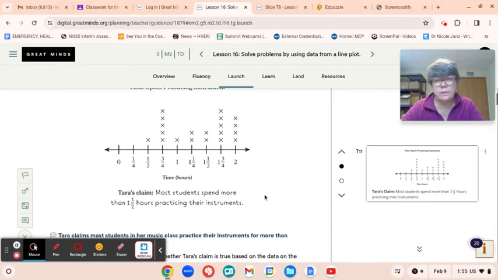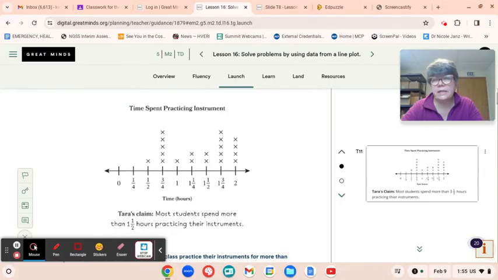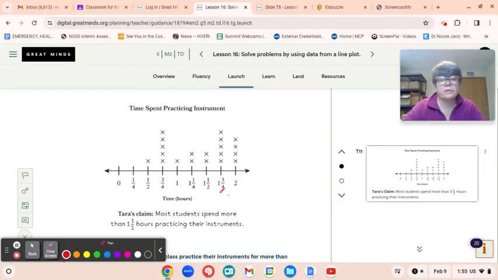This is very important because people can lie with data and lie with graphs, and we have to pay close attention. So what do you think? Look at it. More than 1.5 hours would be 1 3/4 hours and 2 hours.